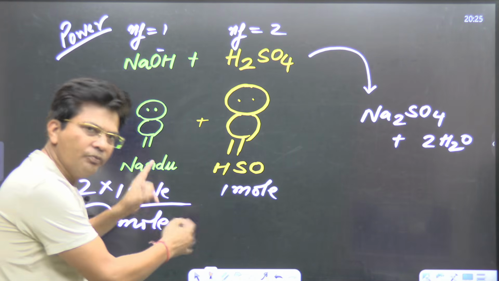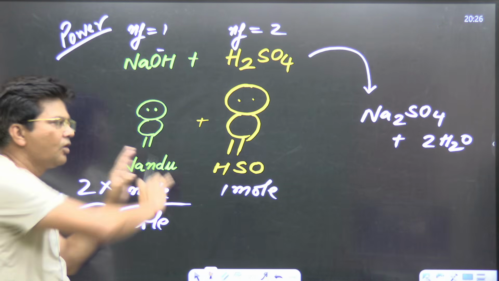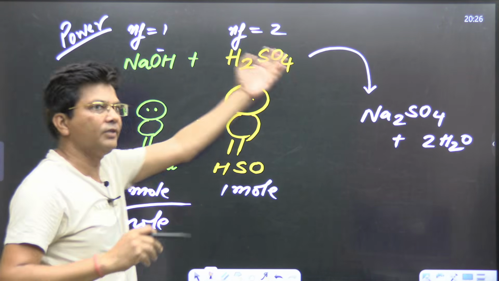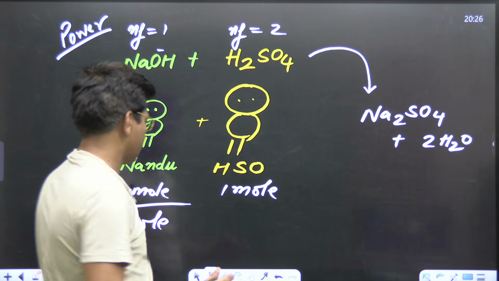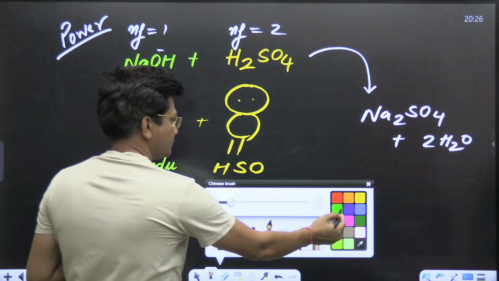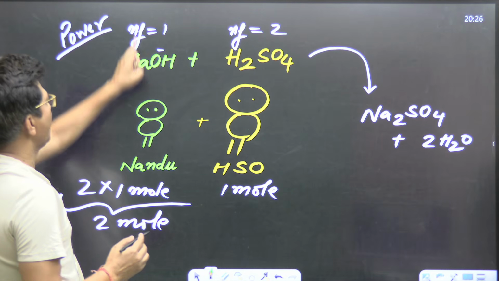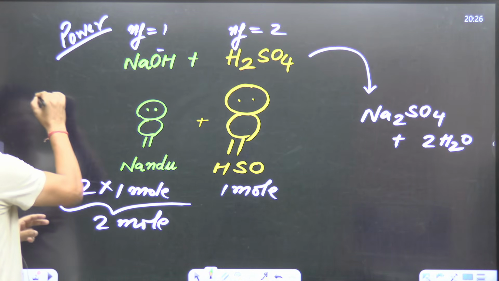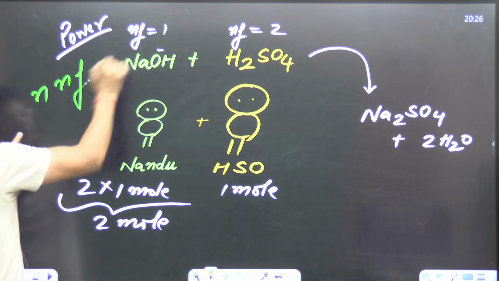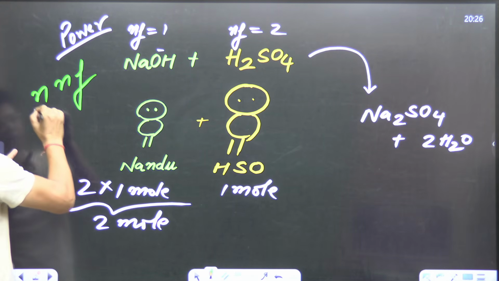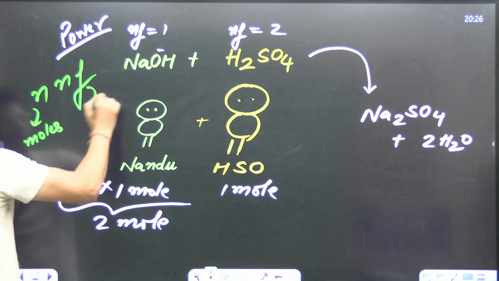Now, by fight, 2 moles of this person and 1 mole of this person will fight together and convert into another type of people, that is salt and water. Now see the chemistry. Just remember N is the number of moles of people and NF is the power.